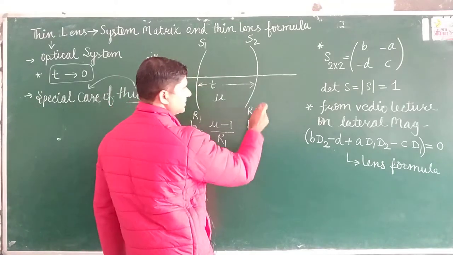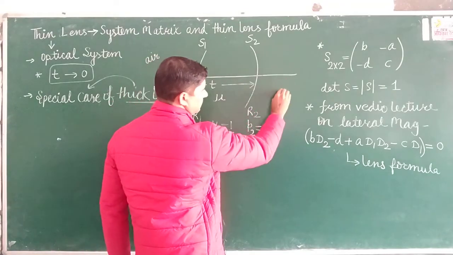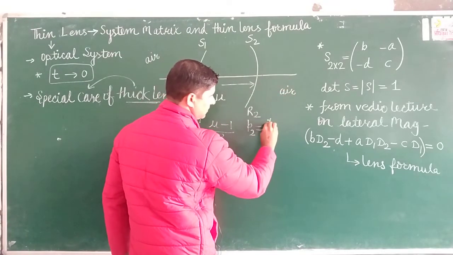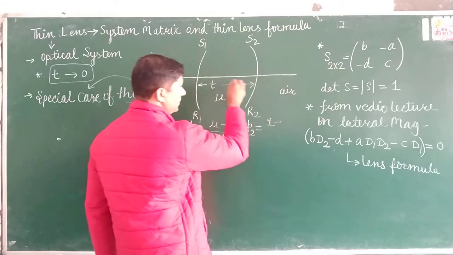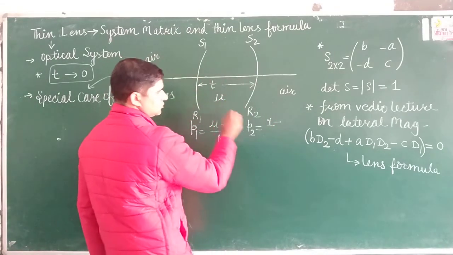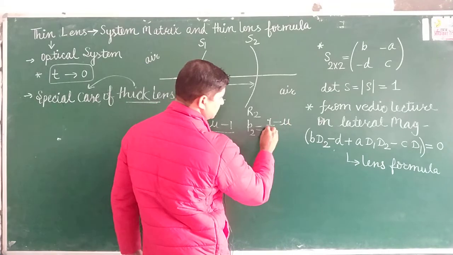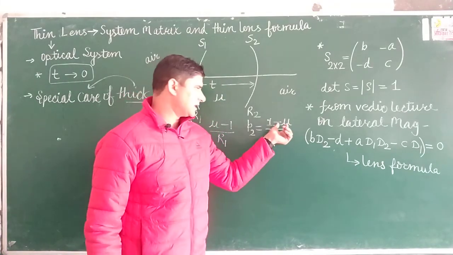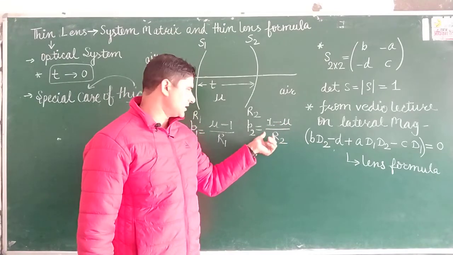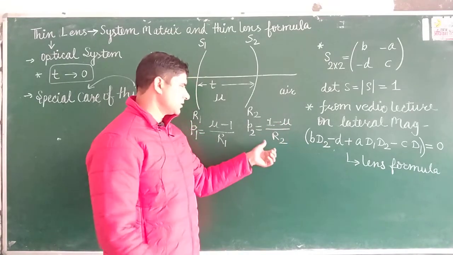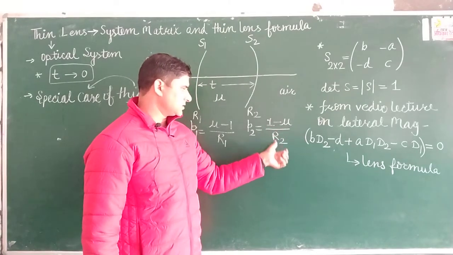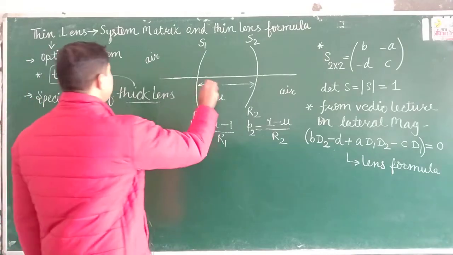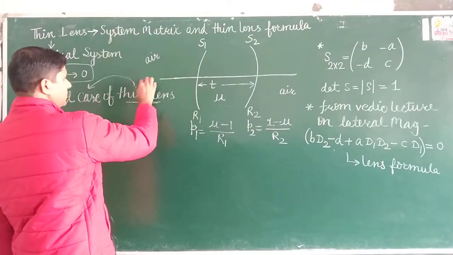Here the formula will be the refractive index of the second medium, and this is air, so it will be unity, minus the refractive index of the first medium, that is mu, divided by the radius of curvature R2, or you can take minus 1 common in the numerator and write minus (mu minus 1) divided by R2. We will make use of these things.